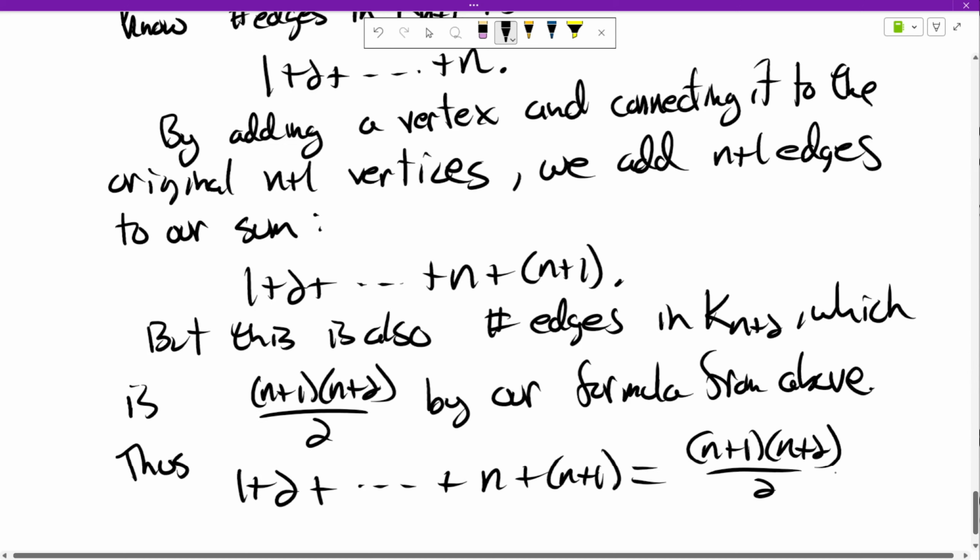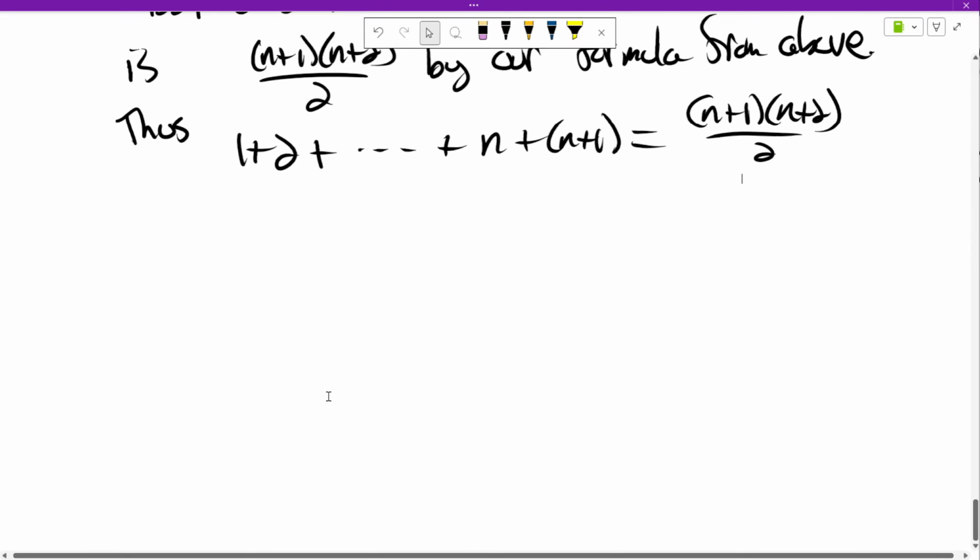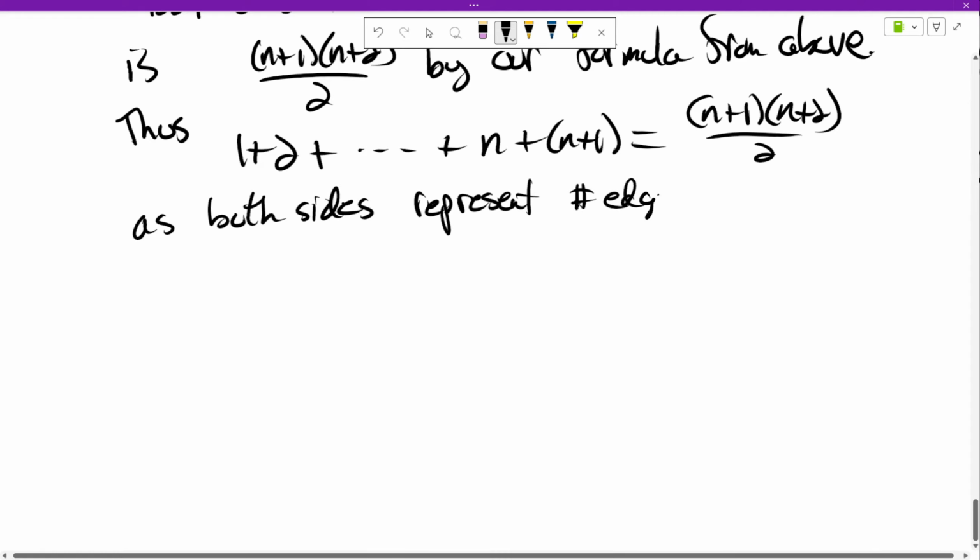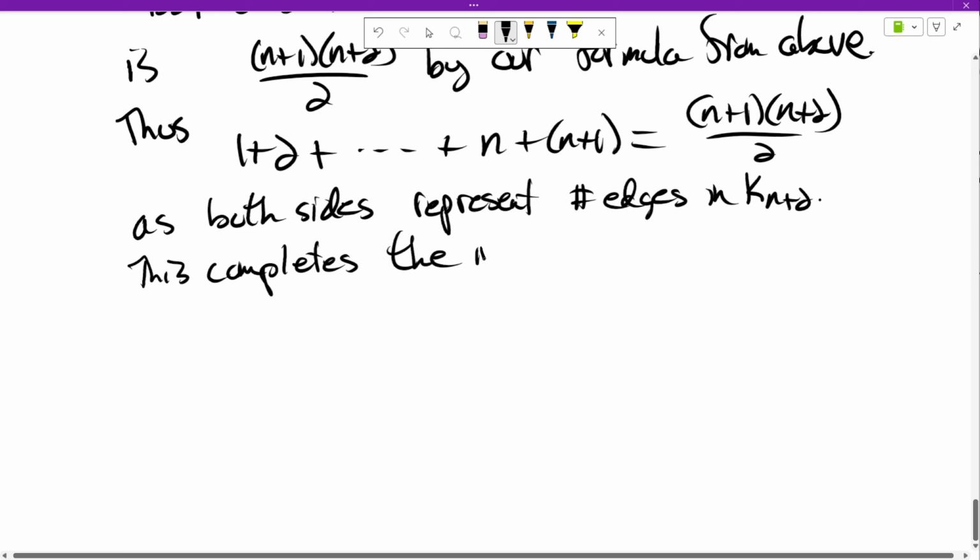Let me scroll down quite a bit now. We've come to our conclusion. As both sides represent the number of edges in K n plus 2, this completes the inductive step and completes the proof.